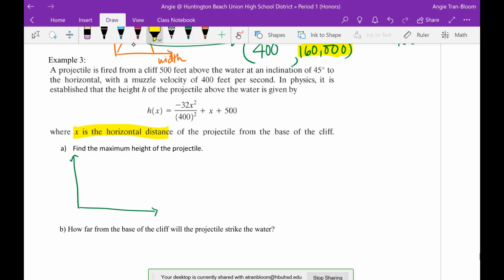What's your window, Dominic? X min 0, X max 1000, Y min 0, and then Y max 1750. I think when they enter X max, Dominic, they can do zoom fit and get the Y's on now.